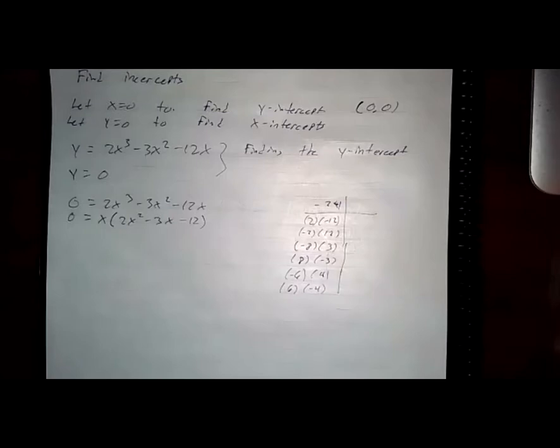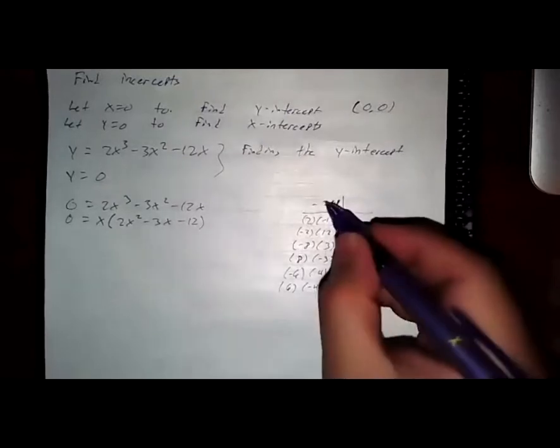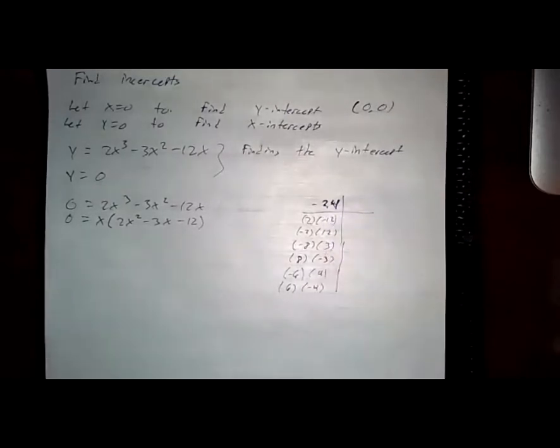What number is that, negative 24? Yeah. I'm checking the multiples of 24. I think I got them all: 4, 3, 2, 8, 6. Yeah, I don't think it factors.